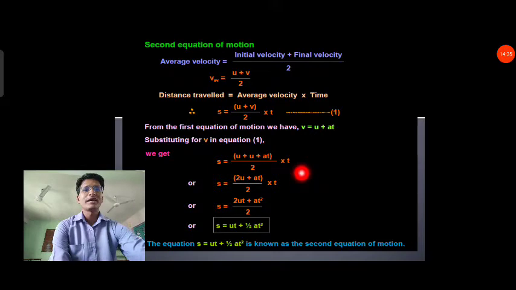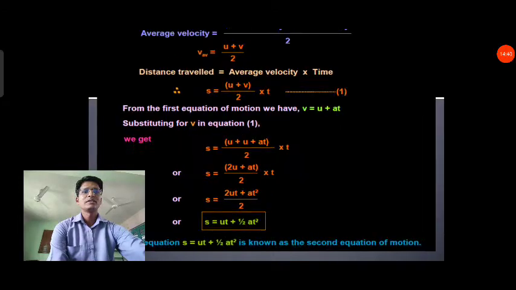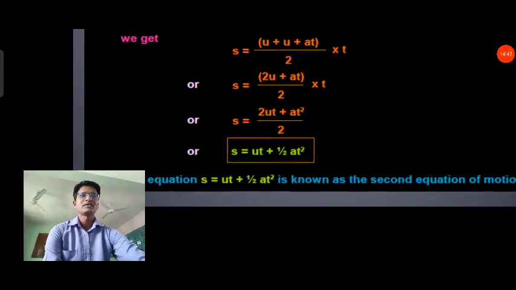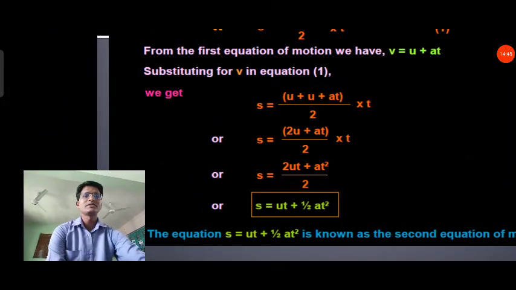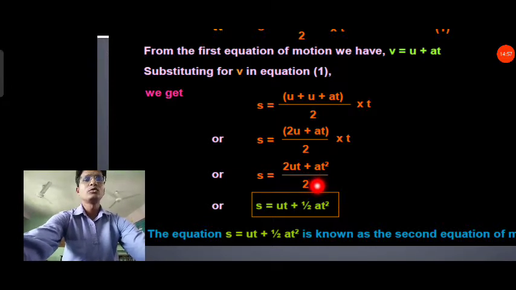So the last equation of s you will get is ut plus 1 by 2 at square. To remove the 2, you can take 2 out, so ut stays as it is, and 1 by 2 goes with at square.